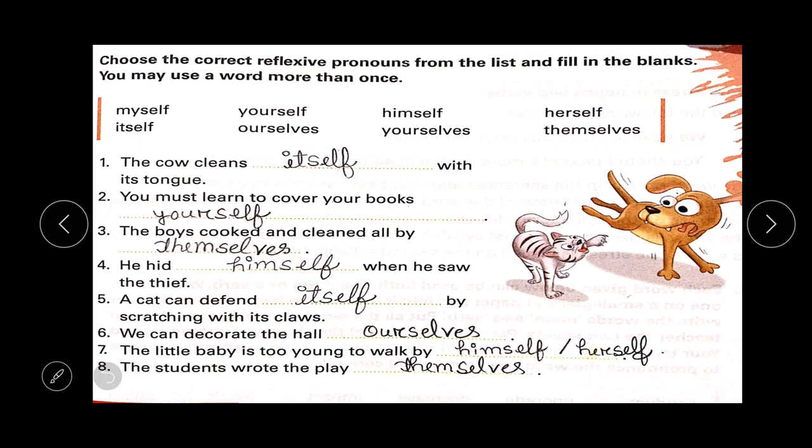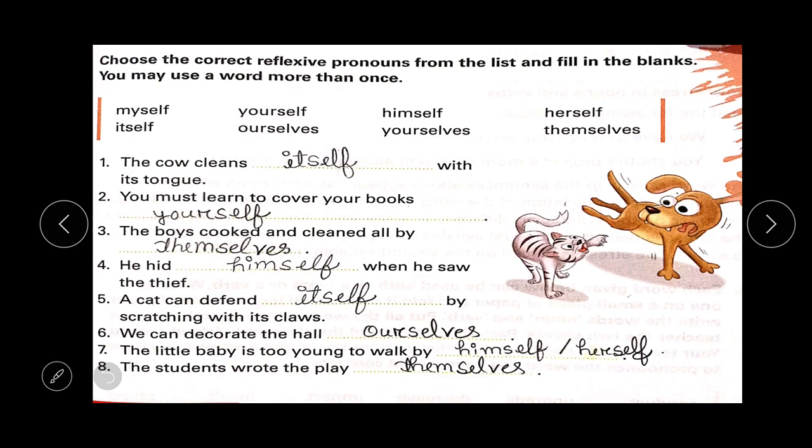Number 2, you must learn to cover your books yourself. Number 3, the boys cooked and cleaned all by themselves. Then number 4, he hid himself when he saw the thief. Number 5, a cat can defend itself by scratching with its claws. Number 6, we can decorate the halls ourselves.